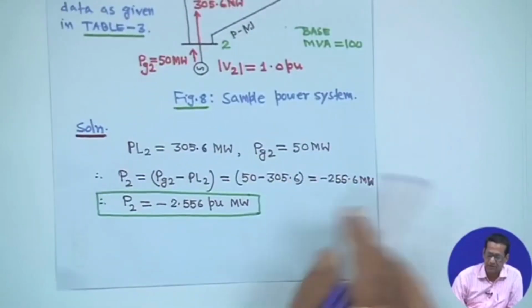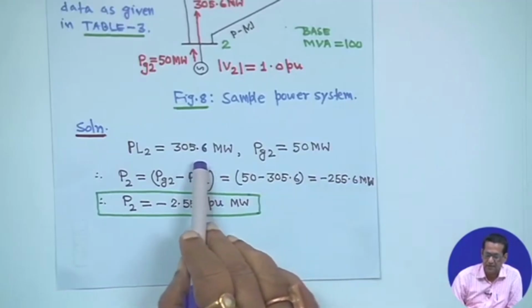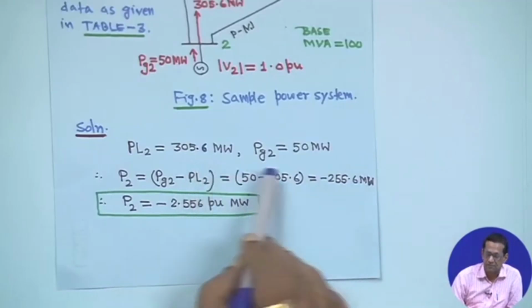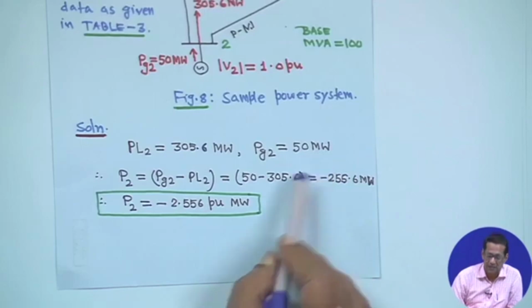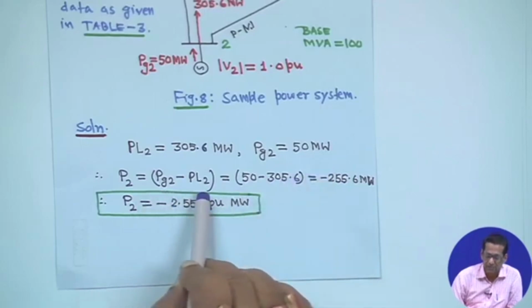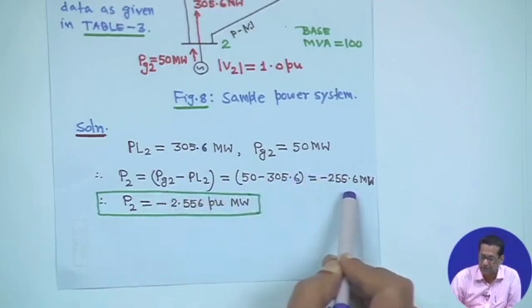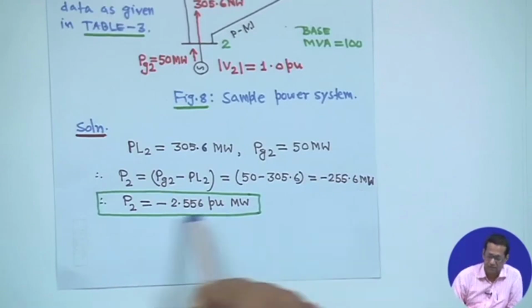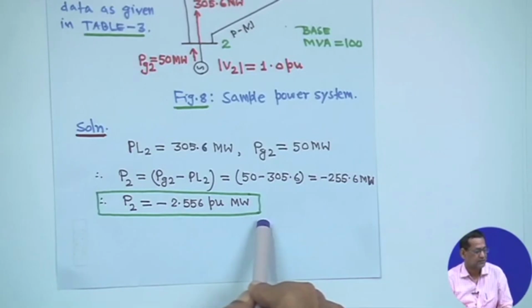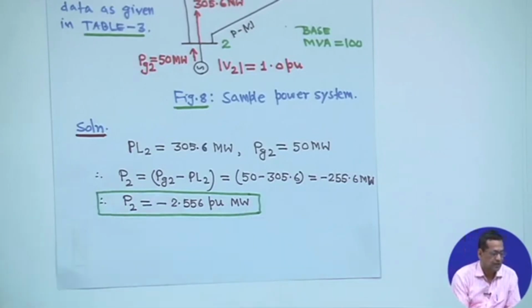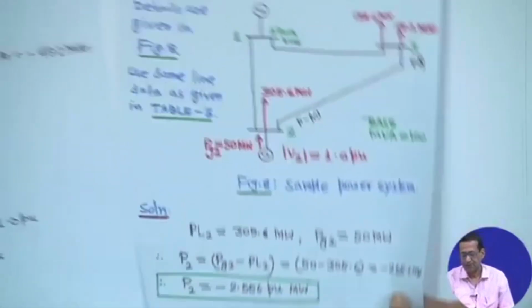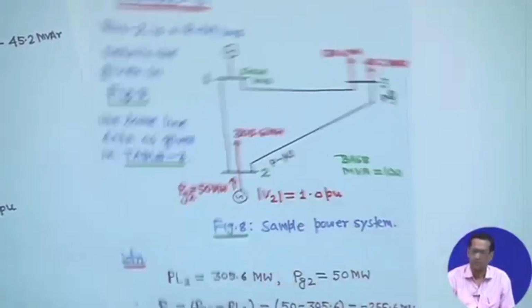So, same as before, PL2 is given as 305.6 megawatt, Pg2 is 50 megawatt. Therefore, P2 is equal to Pg2 minus PL2, that is minus 255.6 megawatt. Therefore, P2 is equal to minus 2.556 per unit, same as before. So this is again a 3 bus problem.